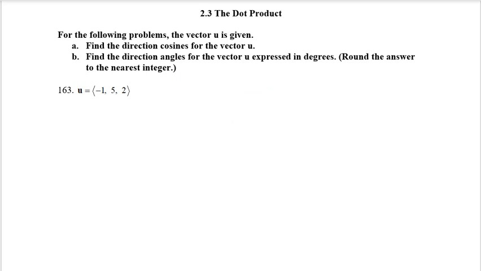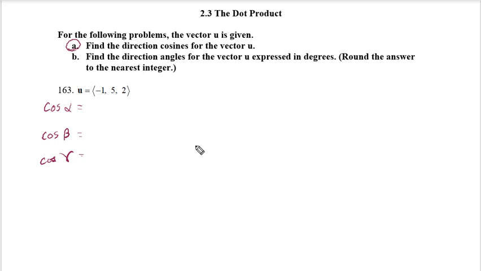Now, on this group of problems, we're first off trying to find the direction cosines. So the cosine of alpha and the cosine of beta and the cosine of gamma are what we're looking for.